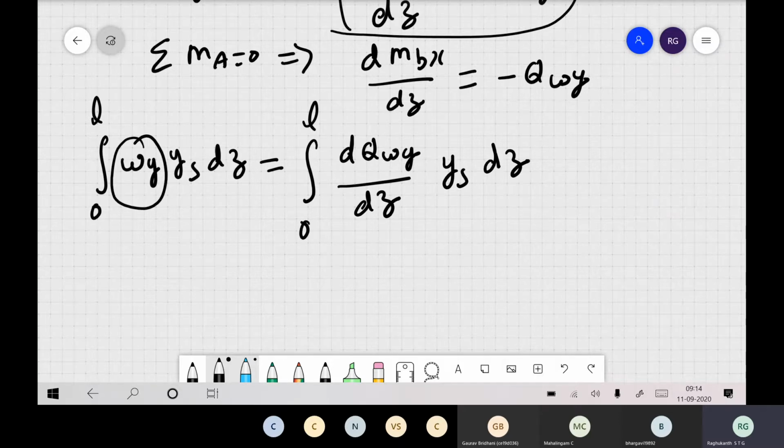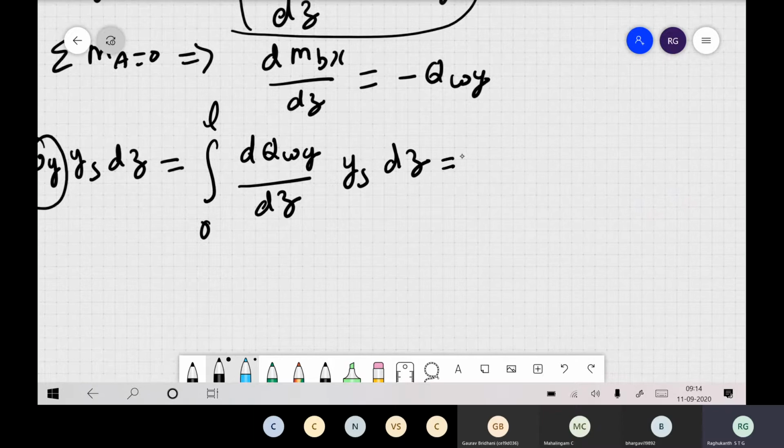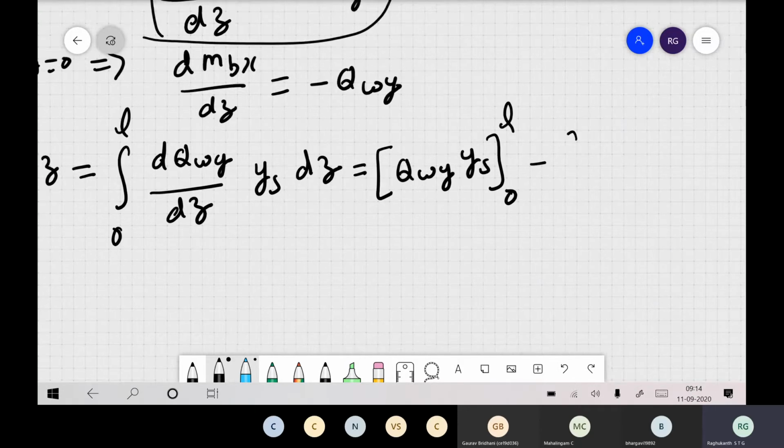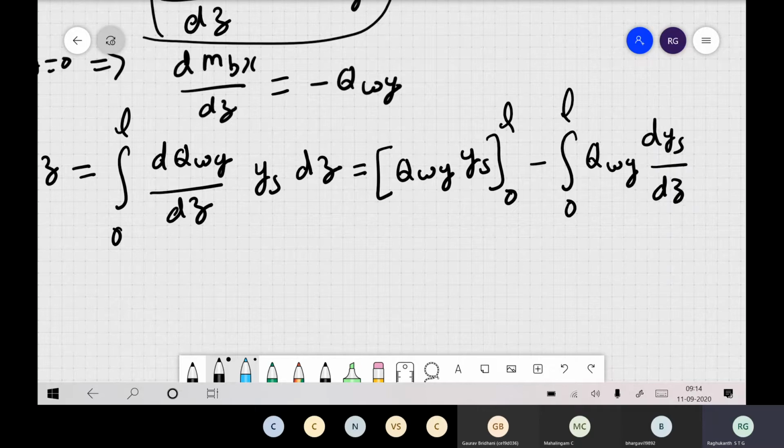So now you integrate by parts. You have Qy into Ys from 0 to L minus integral 0 to L of Qy, dYs by dz into dz. So this expression comes.